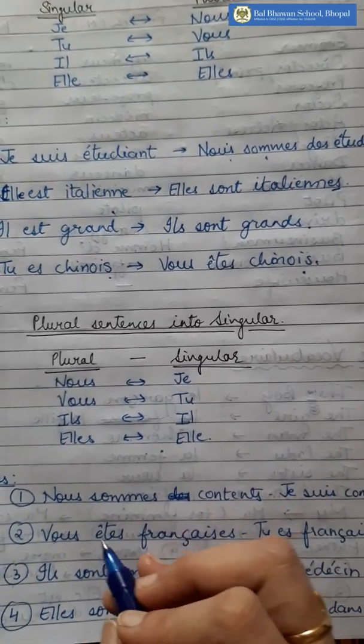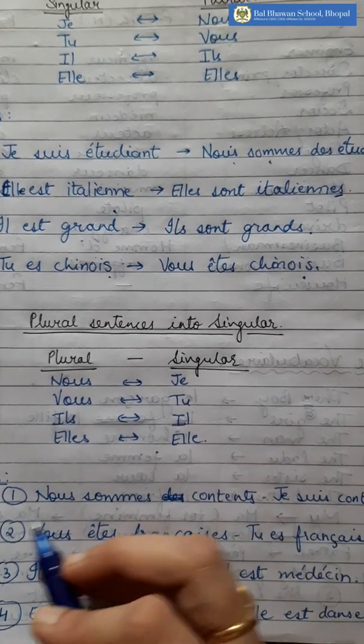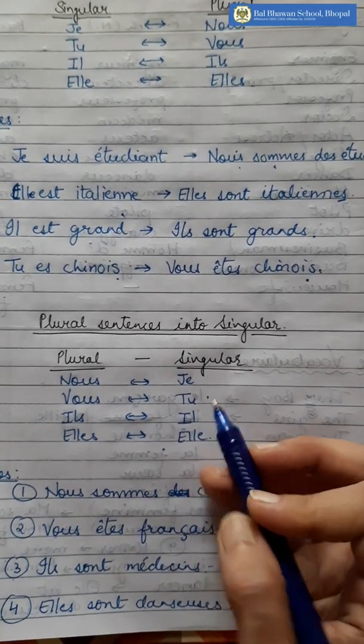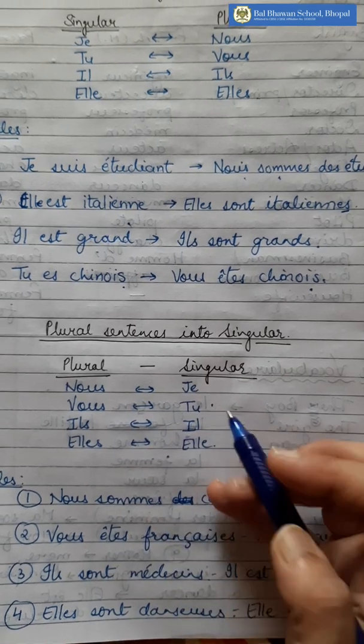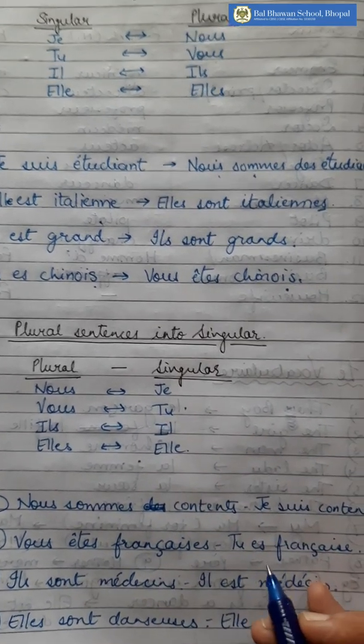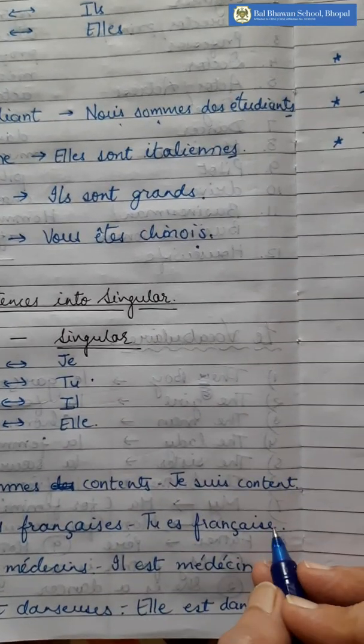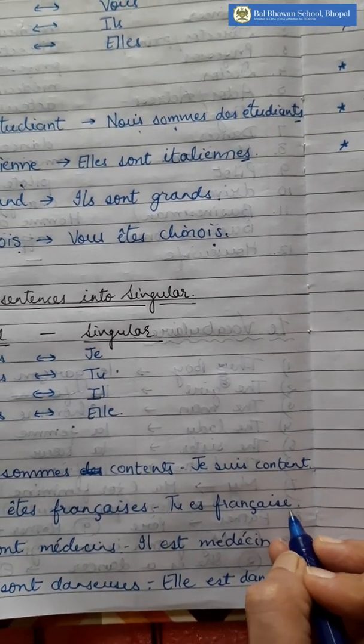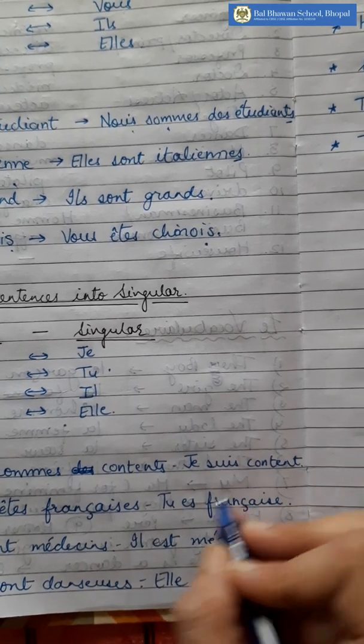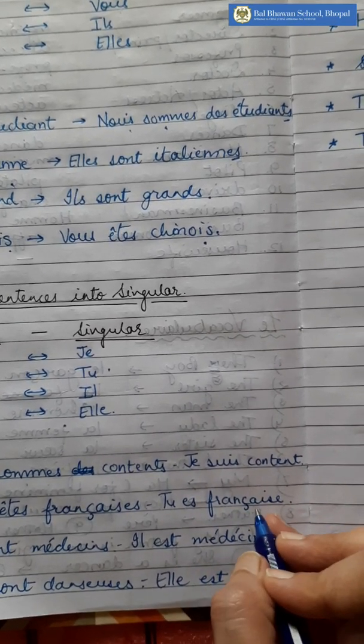Okay, now here vous êtes françaises, vous की जगह आ जाएगा tu and êtes की जगह आ जाएगा es. So you, tu es, français, and you will cut the s here, last s कट जाएगा तो ये हो जाएगा française, but this is a feminine spelling, so it means we are talking about a girl. You are French, she is a girl.